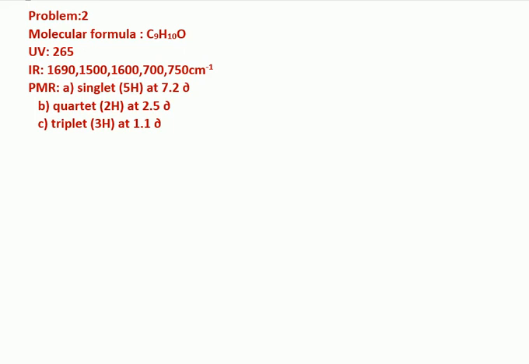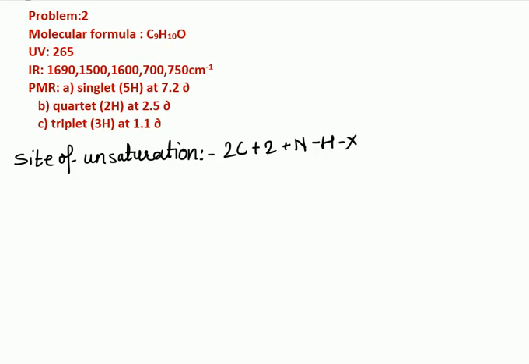So let us see step by step. The first step is to determine the sites of unsaturation. We have the formula: sites of unsaturation equals 2 times the number of carbons plus 2 plus nitrogen if there, minus hydrogen minus halogen, upon 2.